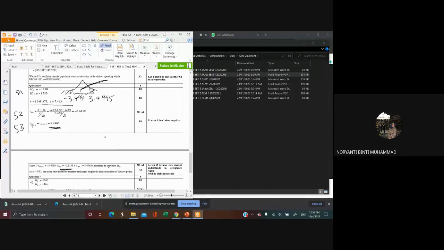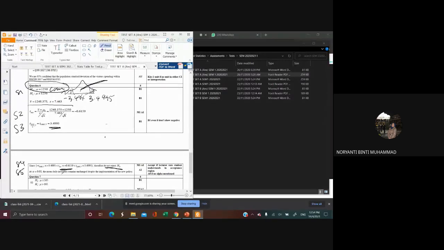So, you punya decision, do not reject H0. Okay. So, kat sini tadi, atas ni adalah claim. So, bila do not reject the H0, so what is your conclusion? Okay, this is step number 4, this is step number 5. So, step number 4 tu you dah decide, do not reject H0 because the value is in between the two values. And then kalau you lukis, dia dekat bright side.